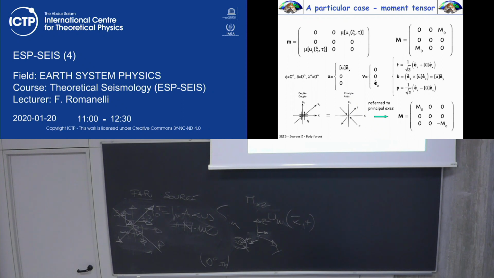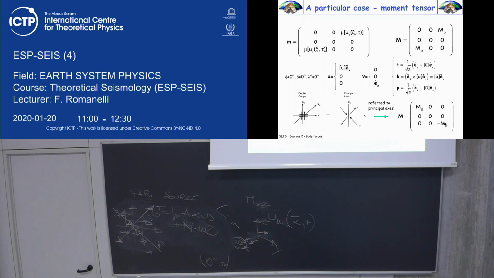And so you have a double couple that in this case here is just, let's imagine, okay? You have one couple and another couple here. So you can throw away the fault and leave just a double couple, 1, 3, 3, 1. And if you refer to the principal axis here, it's just that. So all this tremendous mess to describe this.